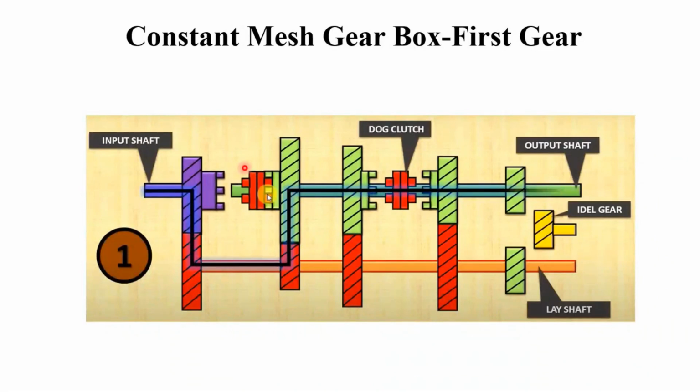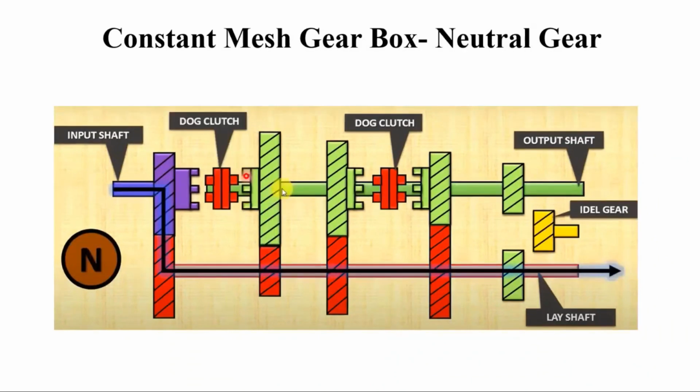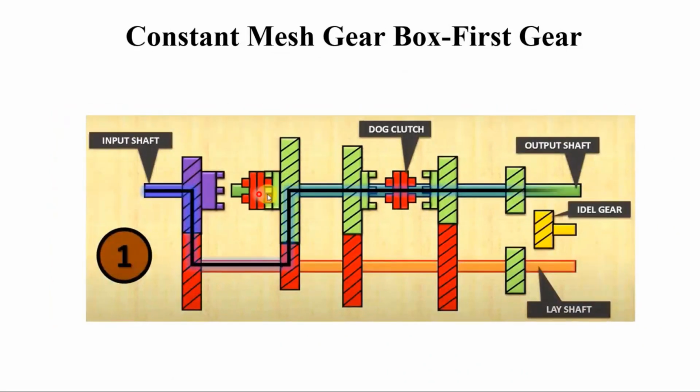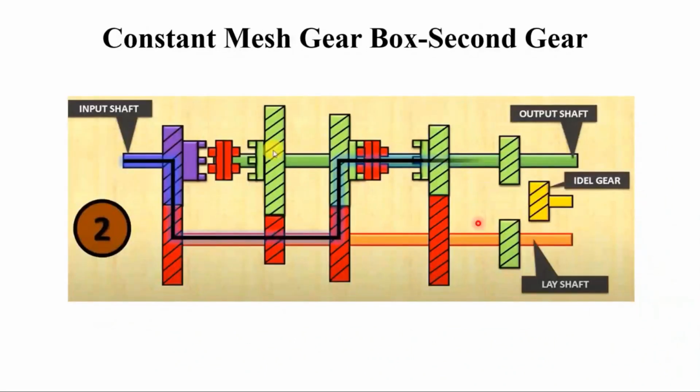Say for example, here you have the dog clutch. This dog clutch will move towards right, and the transfer of the power from gear 1, 2, 3, 4 happens in this way. Similarly, in the second gear, this dog clutch will move towards left, and this engages with this one, and the power goes in this direction.